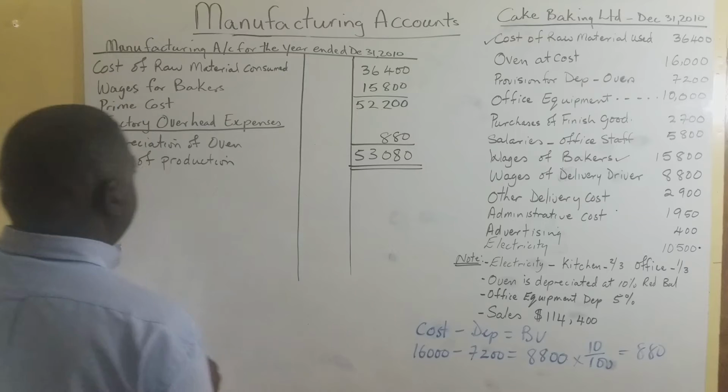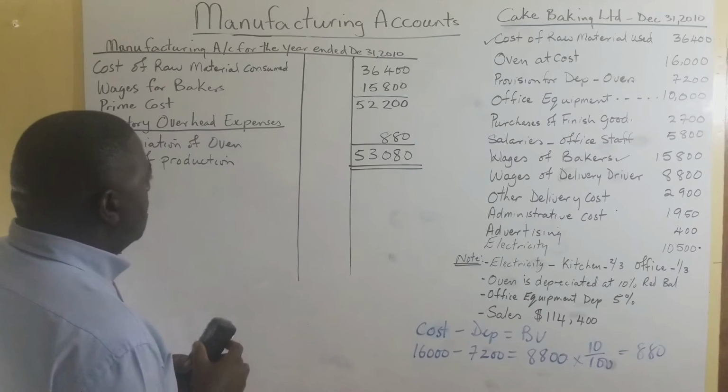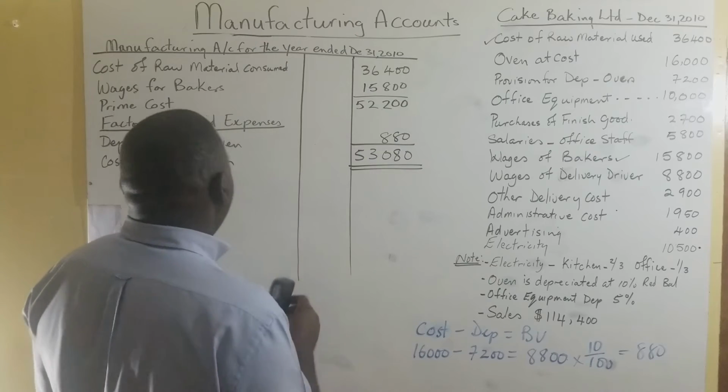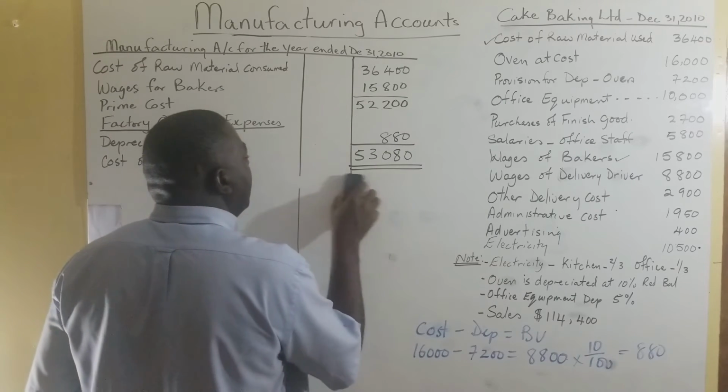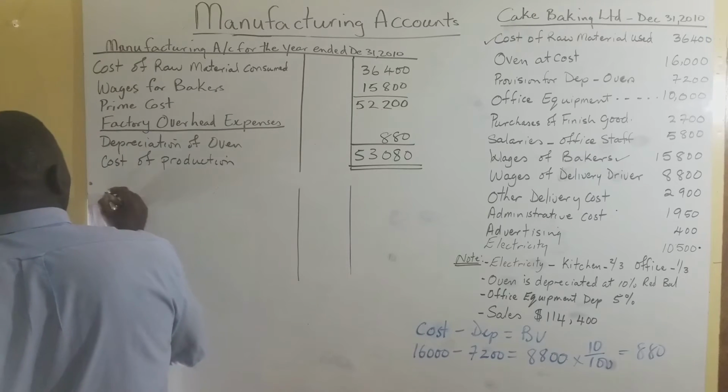That would be our cost of production. All right. Our next move now is to prepare to do the income statement. And we're going to break right here to create a space to do the income statement.